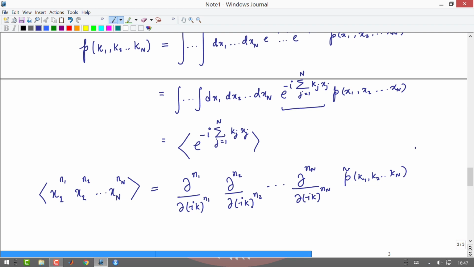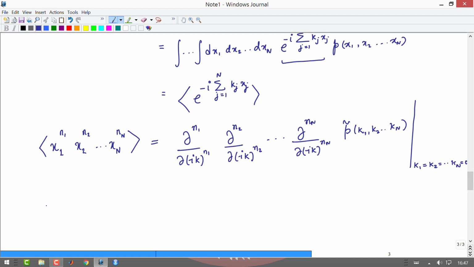And this entire derivative is taken at k1 equals k2 equals all the way up to kn equals 0.